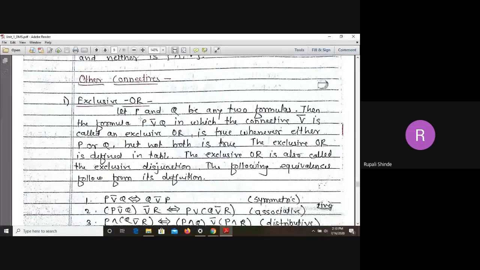If P and Q are any two formulas, then the formula P XOR Q, this is the symbol for XOR, in which the connective XOR is called exclusive OR, is true whenever either P or Q but not both is true.